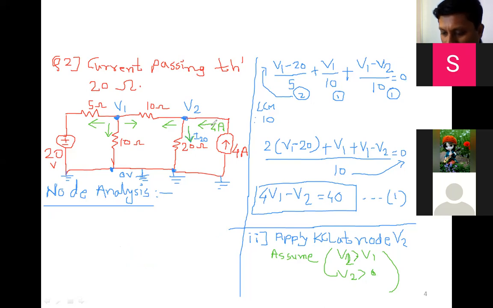This is incoming, that's why this is negative. So from left to right, I will go. V2 minus V1 divided by 10. This is positive. V2 minus V1 divided by 10. Next positive, because the second current is also outgoing. V2 minus 0 divided by this 20. So I will write V2 divided by 20.